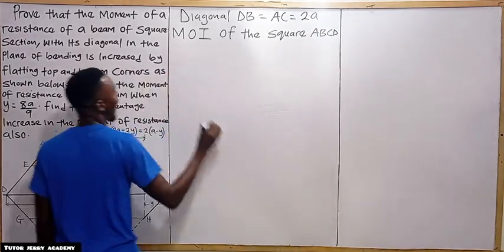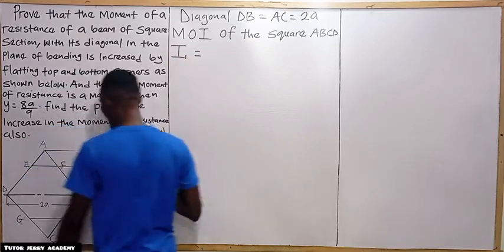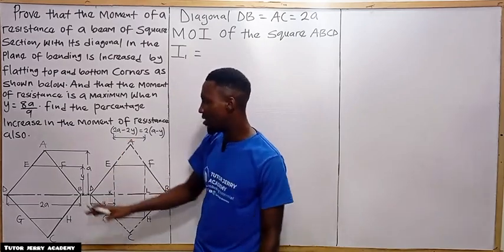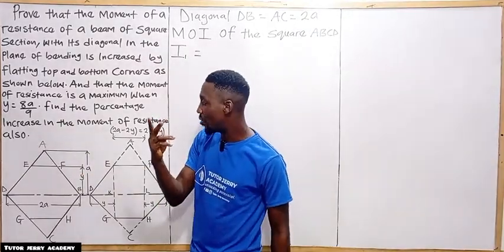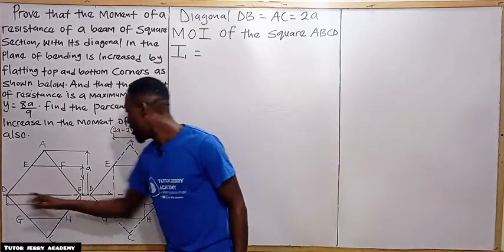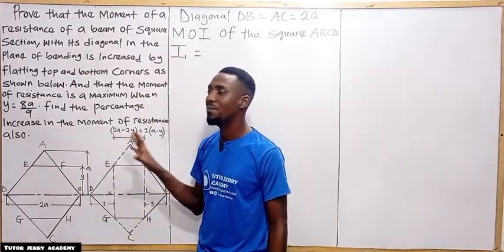Let's name this I1. So this I1 is equal to what? Now we are calculating about the neutral axis, so we are going to have two triangles here, triangle ADB and triangle DBC, with the same height and the same base.